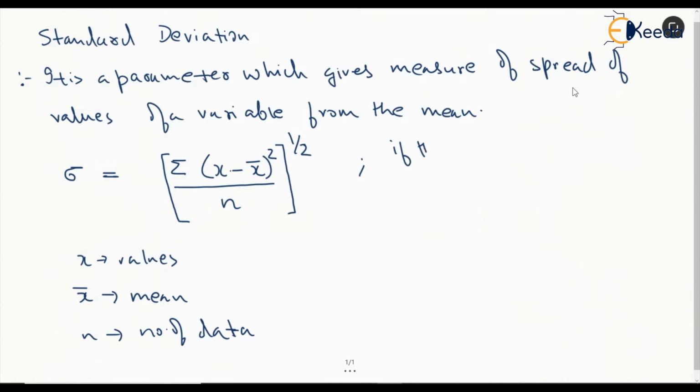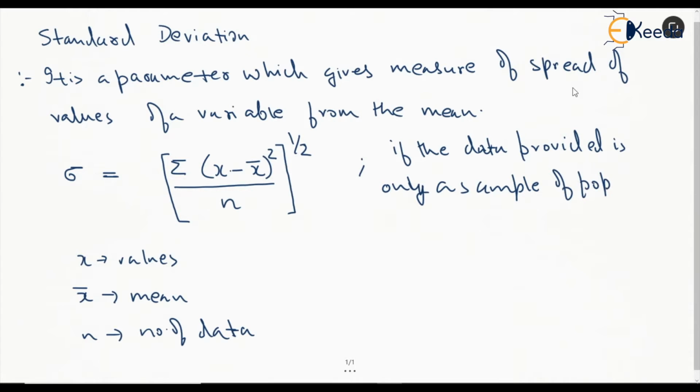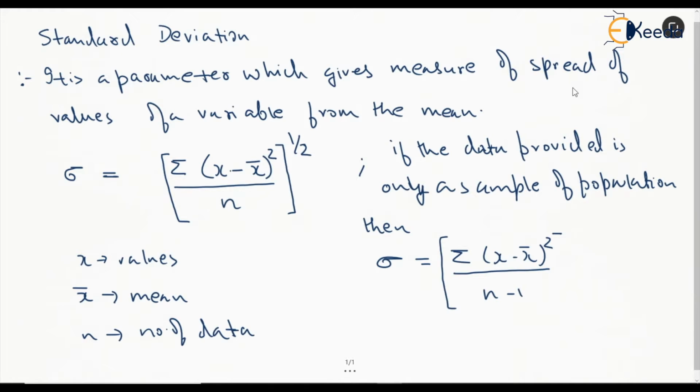We'll also see, if the data provided is only a sample of the population, then sigma is given by the square root of the sum of (x minus x bar) squared by n minus 1, right?